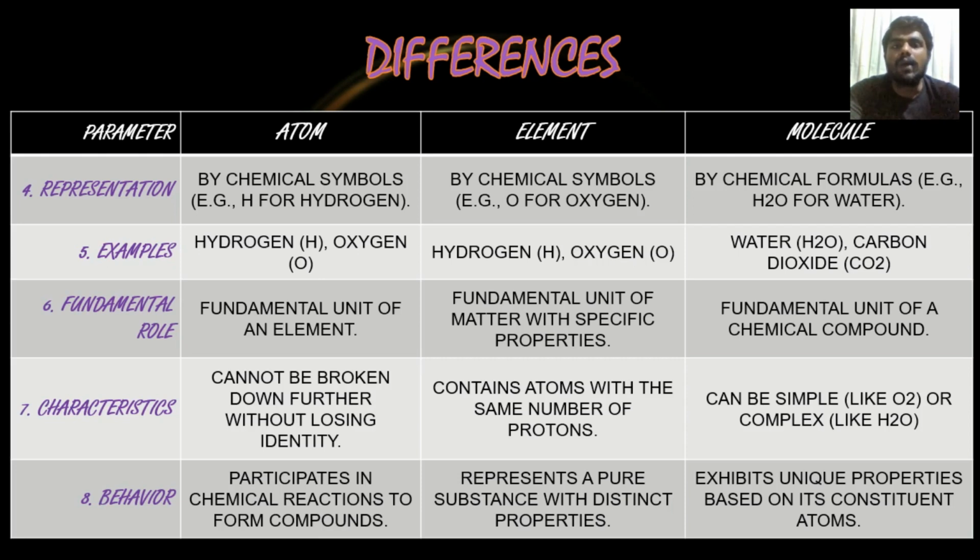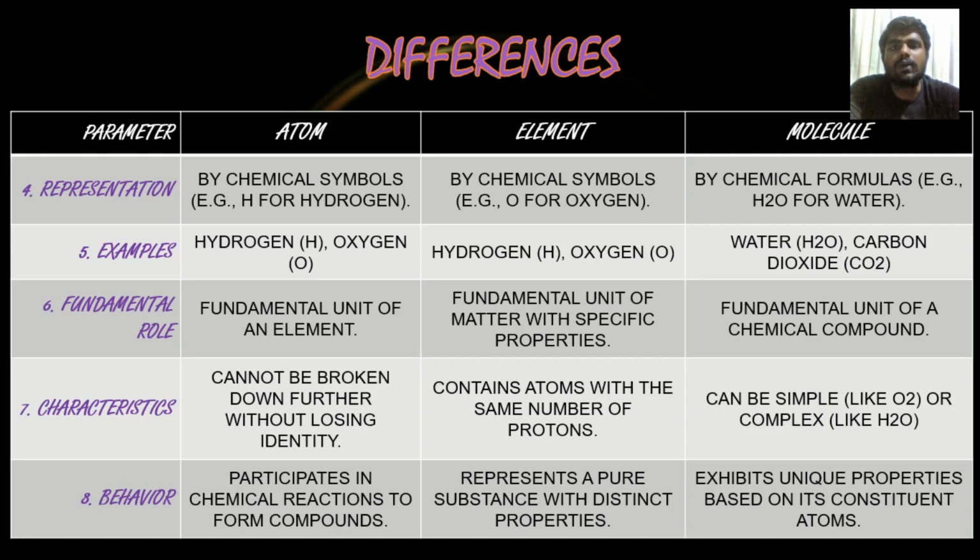Molecules are made of two or more atoms of the same element or different elements. That means for oxygen the chemical formula would be O2, for water the chemical formula would be H2O, nitrogen N2, and it varies for the rest.